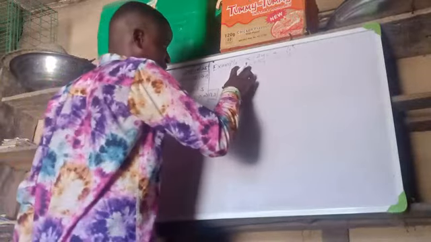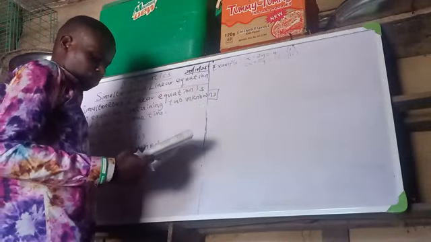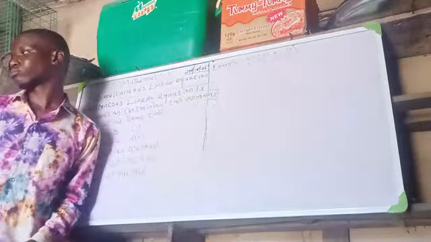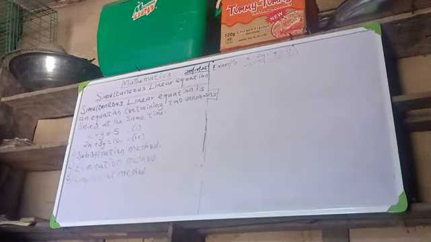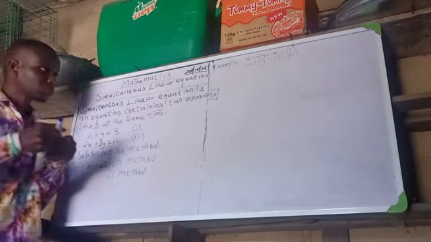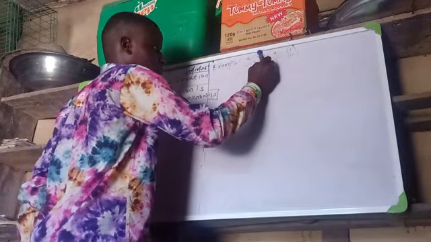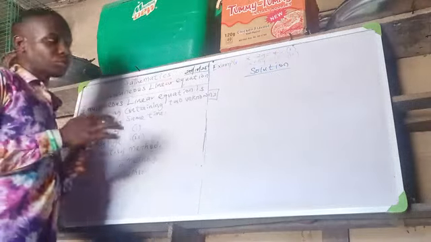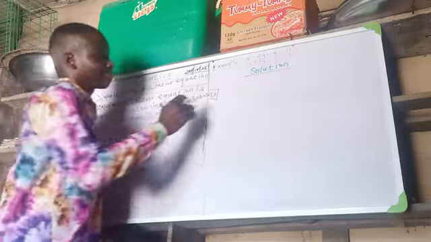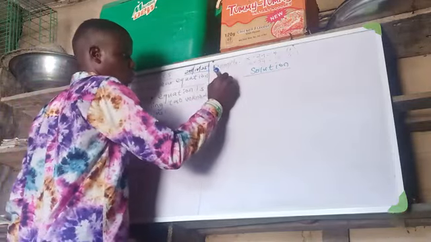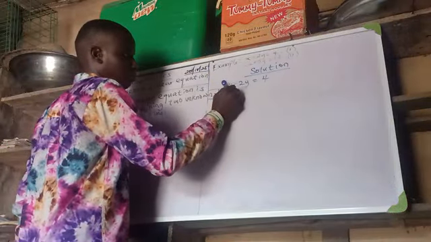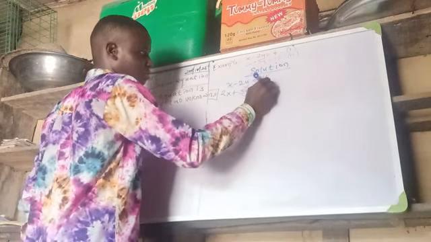We have to find the value of x and the value of y. So what are we going to do? Solution. So let's get into it quickly. x minus 2y equal to 4, and then 2x plus 5y equal to 17.